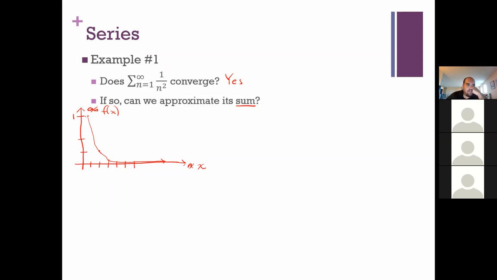So something I want to do here is think about these as areas, which is something we've done before many, many times. So the way I want to try to approximate this series is to think about these rectangular areas. And the way I'm going to approximate these rectangular areas is to find the area under this curve.